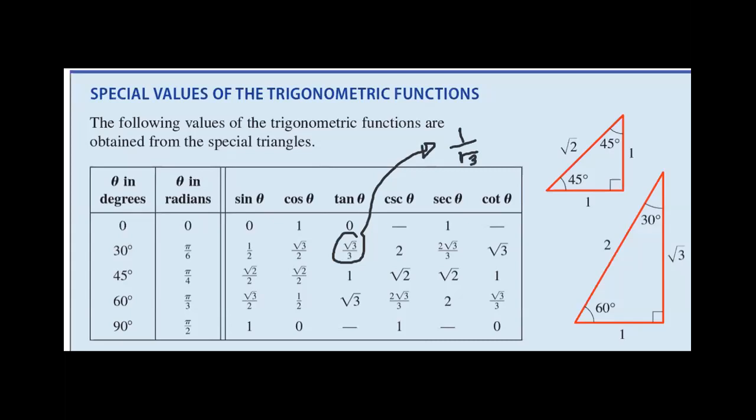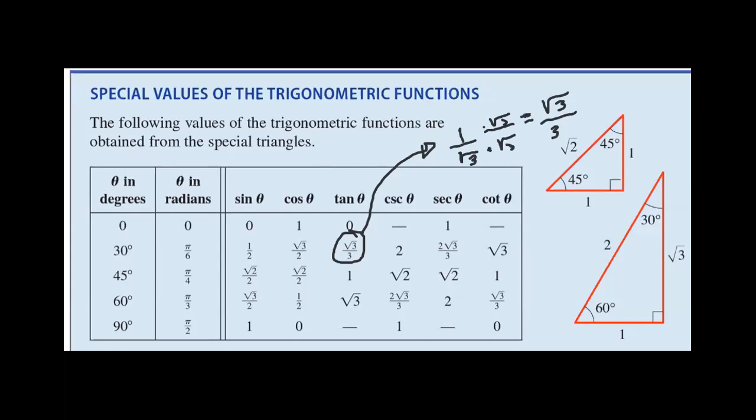Here we're just rationalizing the denominator, by section 1.3. That's why we get square root of 3 over 3. We multiply both the denominator and numerator by square root of 3, so we get square root of 3 over square root of 3 times square root of 3, which is 3.